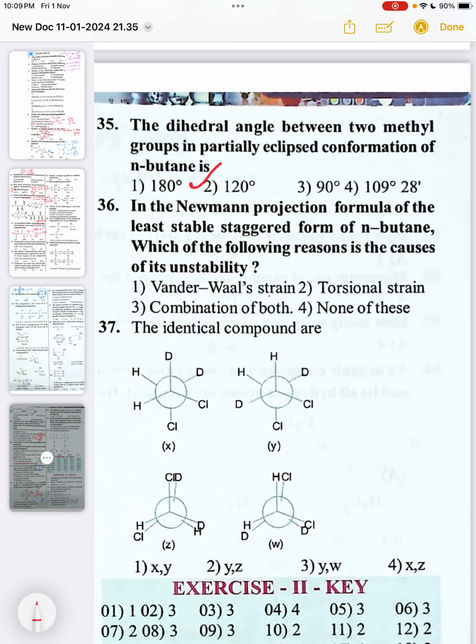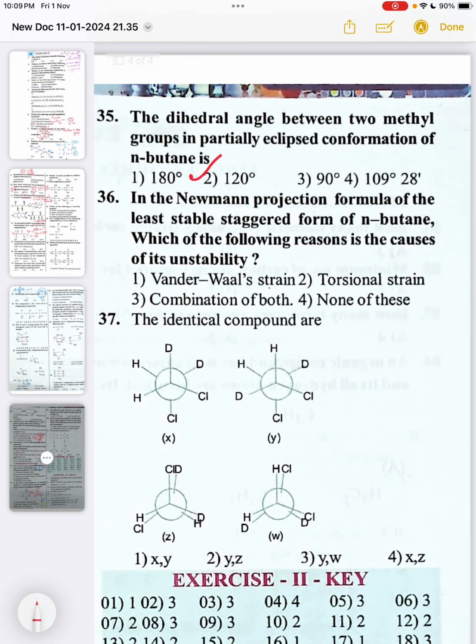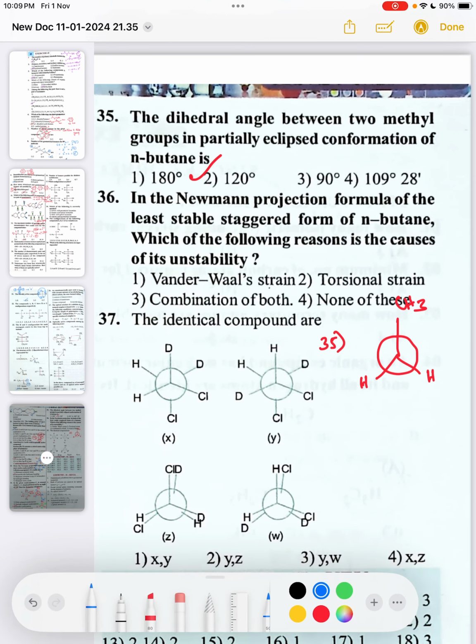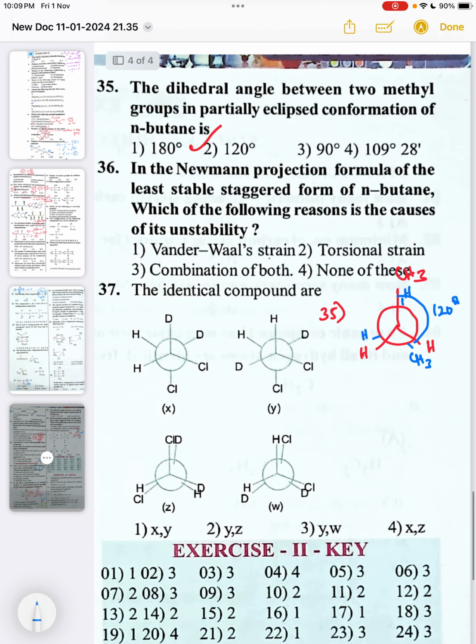Partially eclipsed, the structure I will show here also, question 35. Now if you rotate, hydrogen is here, CH3 is here, another hydrogen is here. Now this is 120 degrees.